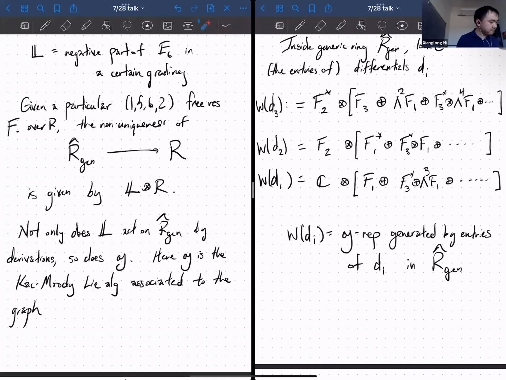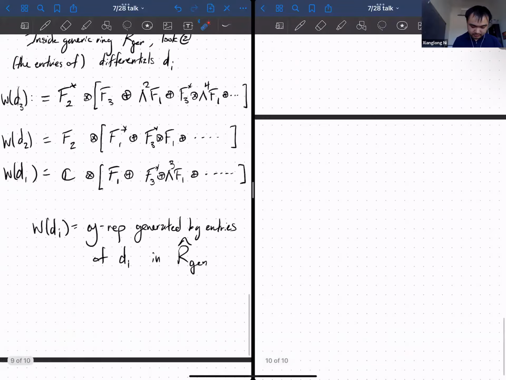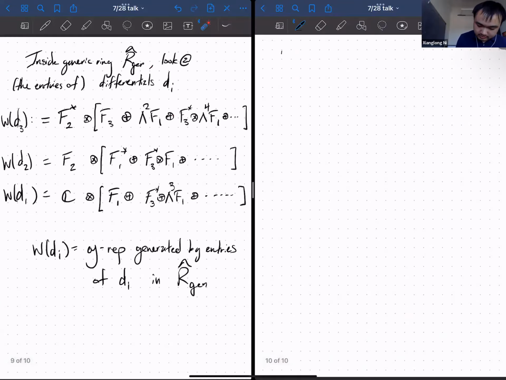So we define Wi to be the restriction. Well, I should probably write it this way.